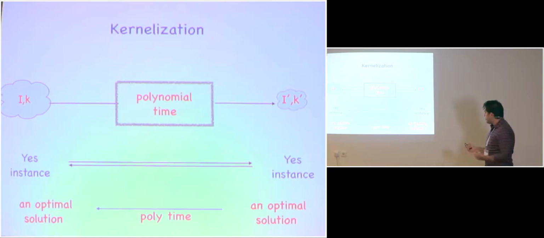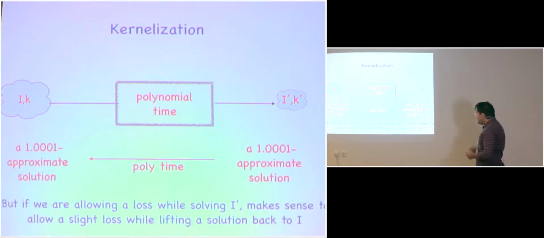But as I pointed out, ideally, we would also want to pull back a 1.001 approximate solution back to a 1.001 approximate solution for the original instance. At least we would want to say something meaningful about the solutions for the original instance if someone gives me a good approximation for the reduced instance. I should be able to say at least something interesting.